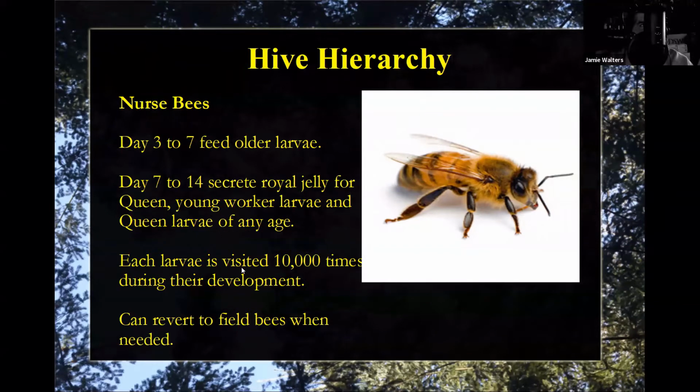Now think of this: every larva is visited 10,000 times during its development. Imagine having a spoonful of royal jelly, of saliva, and feeding this baby 10,000 times to get her to develop to full size. That's tons of visits. And remember, every day that goes by, that nurse bee is getting older.